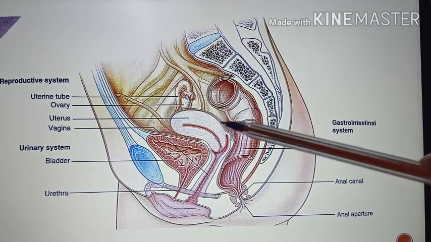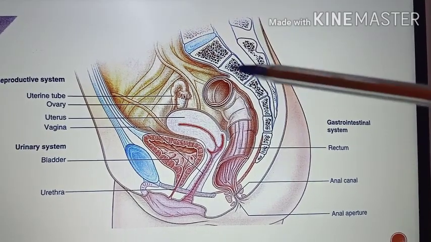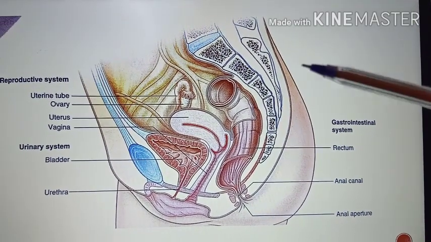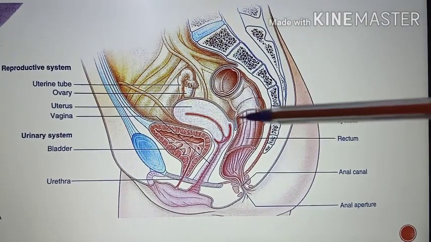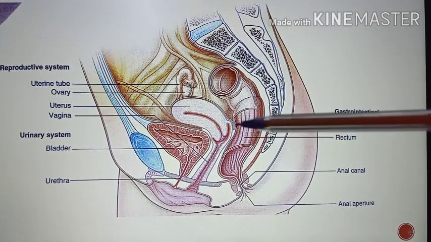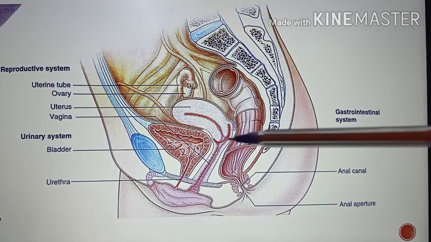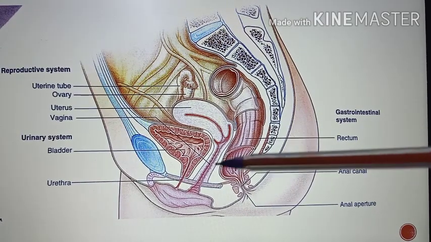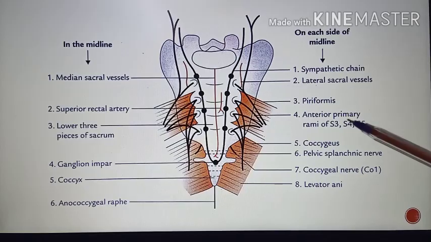Along with this, other structures related anteriorly are the coils of intestine as well as the sigmoid colon. Then the lower 1/3 of the rectum anteriorly in females is related to the lower part of the vagina. So this is the vagina.